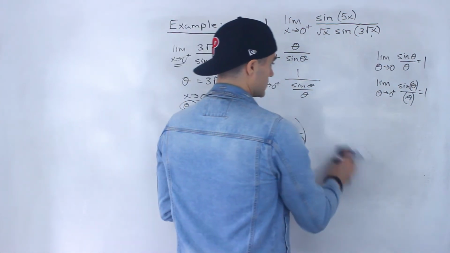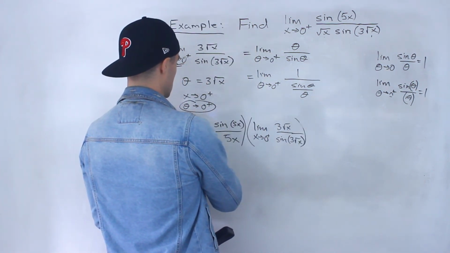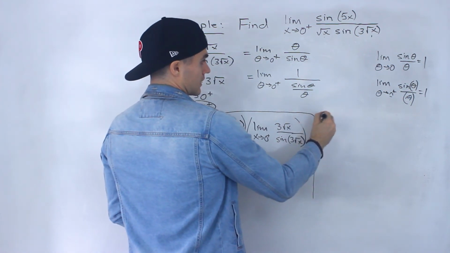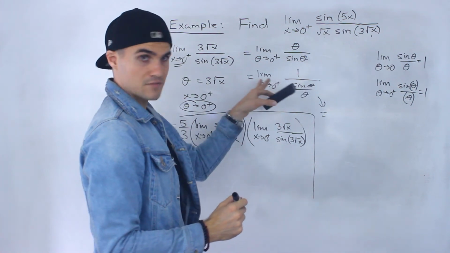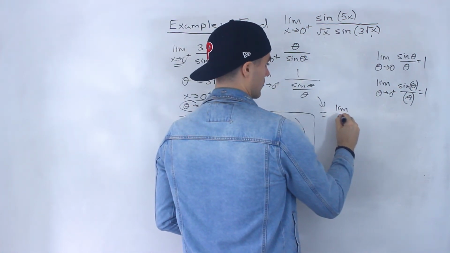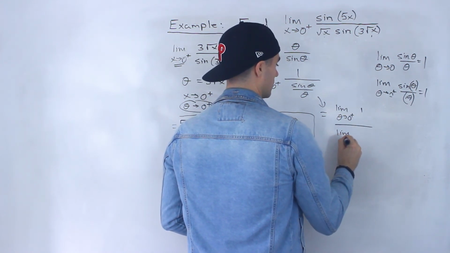And then what we can do, let me kind of split these up here. I'm going to continue this over here. So what we can do now is properties of limits. So I can take this limit, put it in the numerator. I could take this limit, put in the denominator.